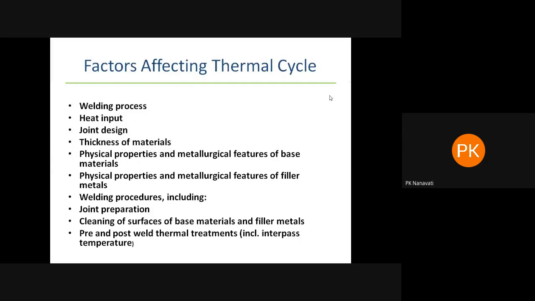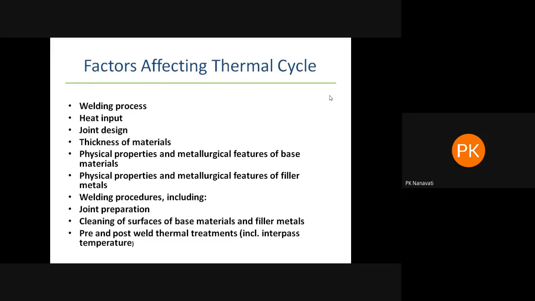Then heat input, joint design, and thickness of materials, because a thick plate will undergo fast cooling because of the more surface area available, and a thin plate will undergo slow cooling. So the cooling rate is affected by joint design or dilution.